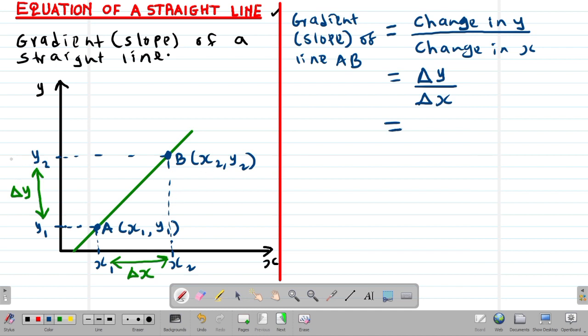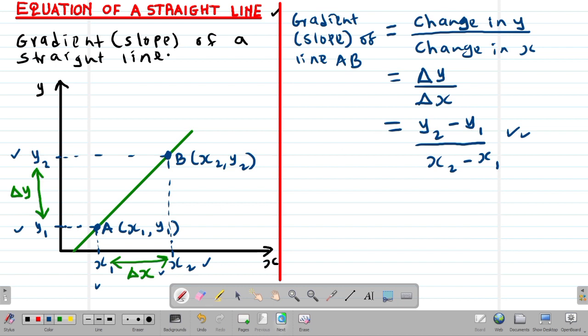The change in y will be given by y2 minus y1, divided by the change of values along the x-axis, which is x2 minus x1. So this is how we get the gradient or the slope of a given straight line, say AB.